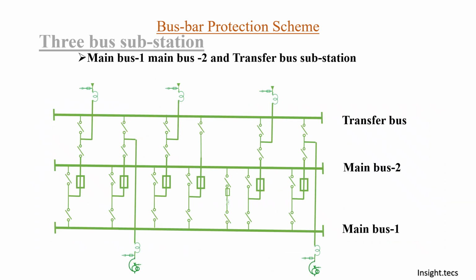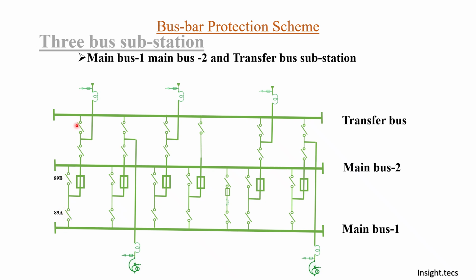Now in case of 3 bus bar, main bus 1, main bus 2 and transfer bus, let us first understand the identification of how the isolators are named in this kind of bus bar arrangement. The isolator connected to bus 2 is generally named as 89B. Bus 1 isolator is 89A.